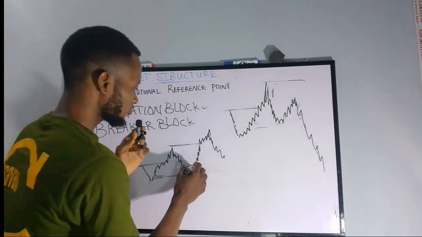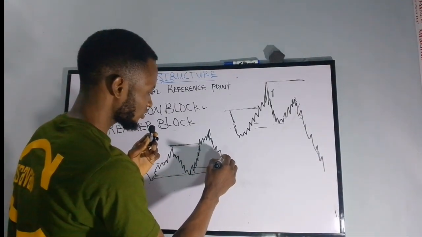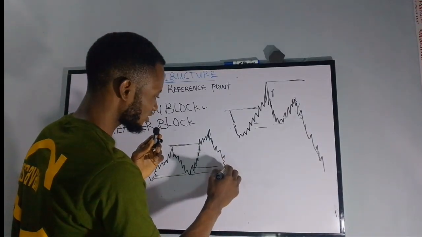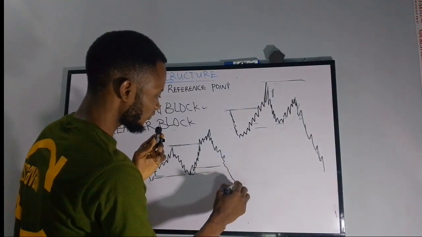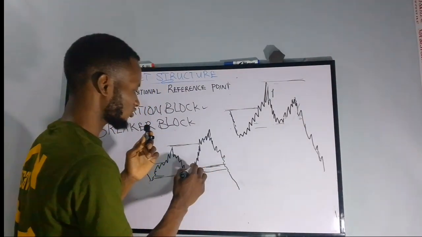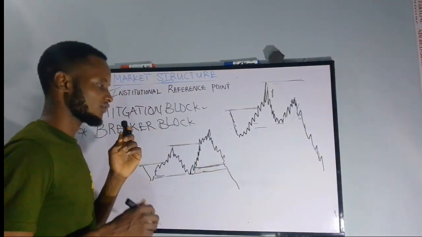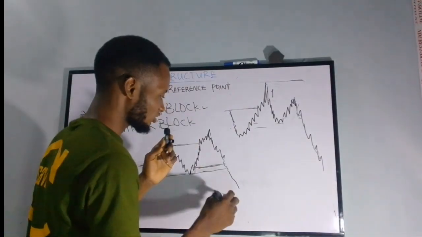Now, there is another block available here. It couldn't hold price the first time, couldn't hold the price when price actually traced down into it. Now, how do you take advantage of it? This is how you take advantage of it.